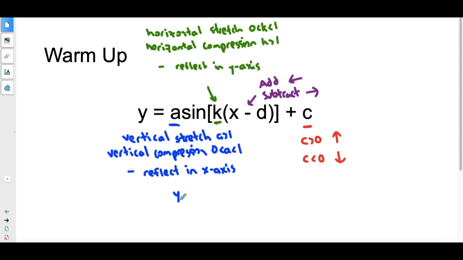I'm going to write that in this form, just to indicate that. My k value, on the other hand, tells me how much I would need to divide my original x values by. We're going to take a look at some examples of this to see what I mean here.